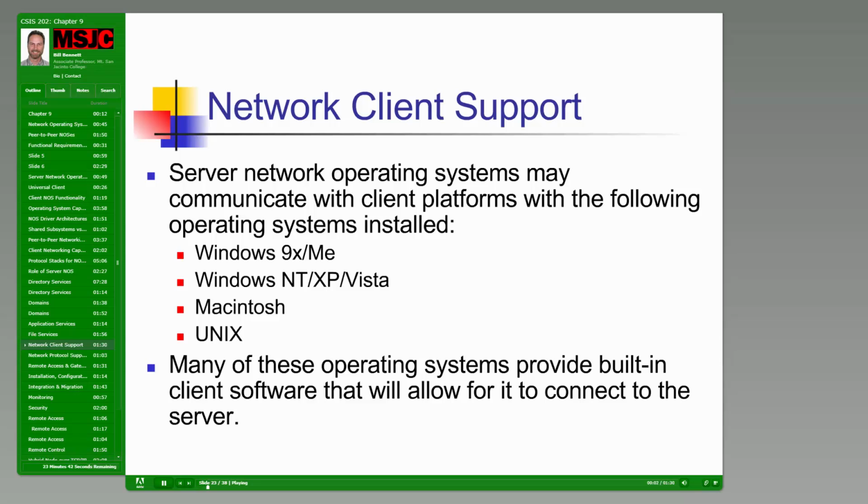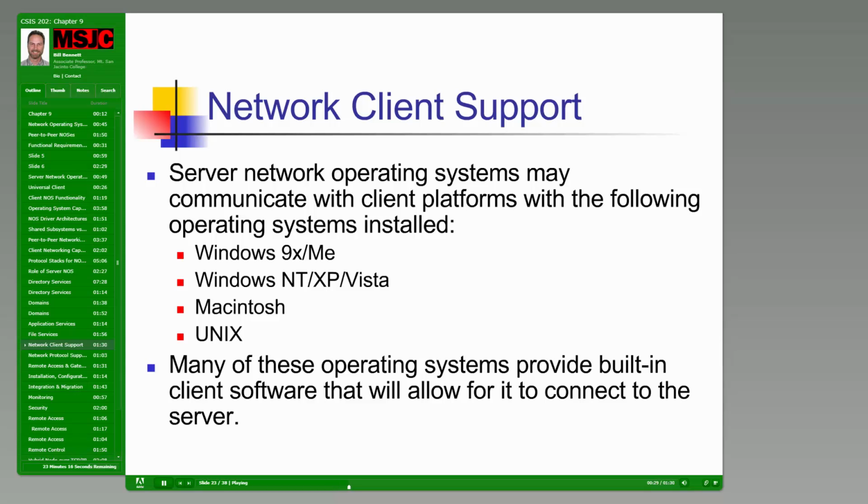We also talked earlier about the servers being able to support a multitude of network clients out there. Some of those would be the Windows 9X, ME environment, or the Windows NT, XP, Vista, now Windows 7 environment, Macintosh OS, Unix. The key again is really two things. They both need to be using the same network transport layer protocol.